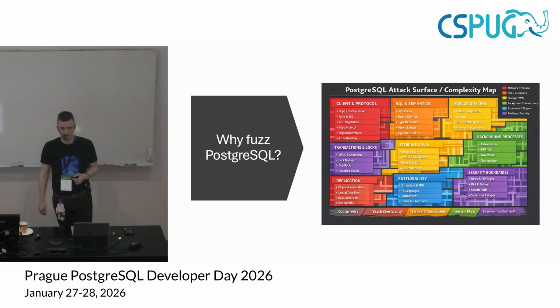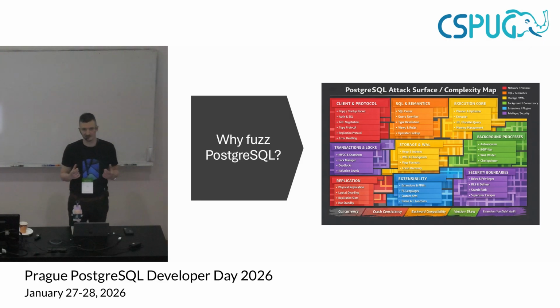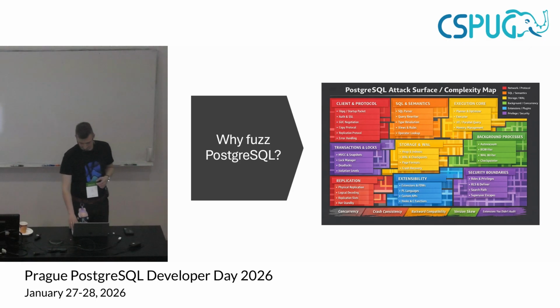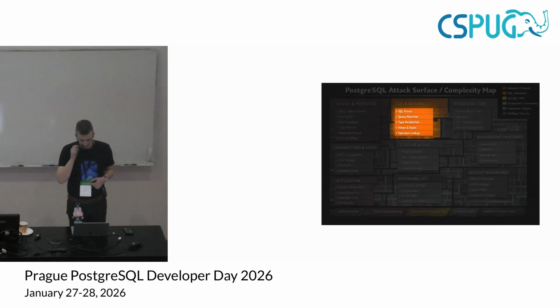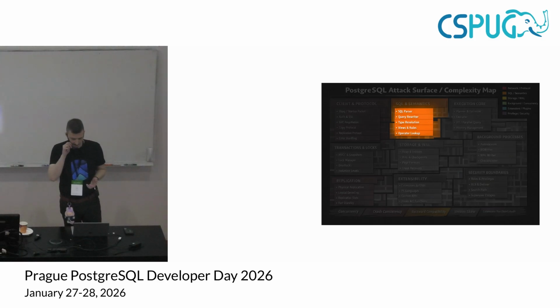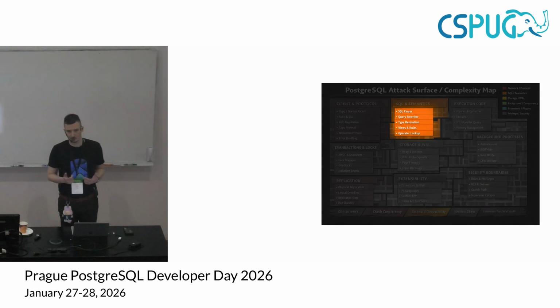So if we look at PostgreSQL itself, it's a huge scope. There are a lot of areas that are interesting targets for fuzzing. The most obvious one is SQL parsing and anything to do with SQL statements.